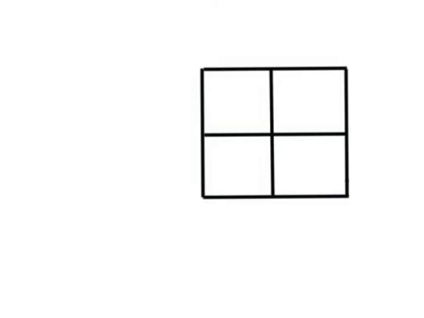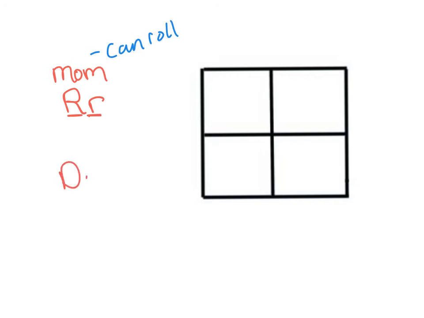So let's go ahead and set up a Punnett square. Let's say that mom is heterozygous. So she has one dominant allele and one recessive allele. Reminder, can mom roll her tongue? Yes, mom can roll. So let's say that dad has two recessive alleles.